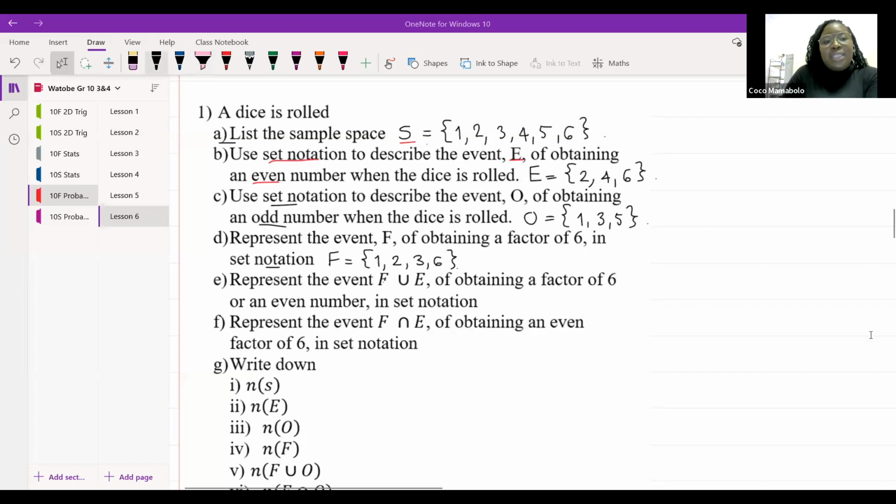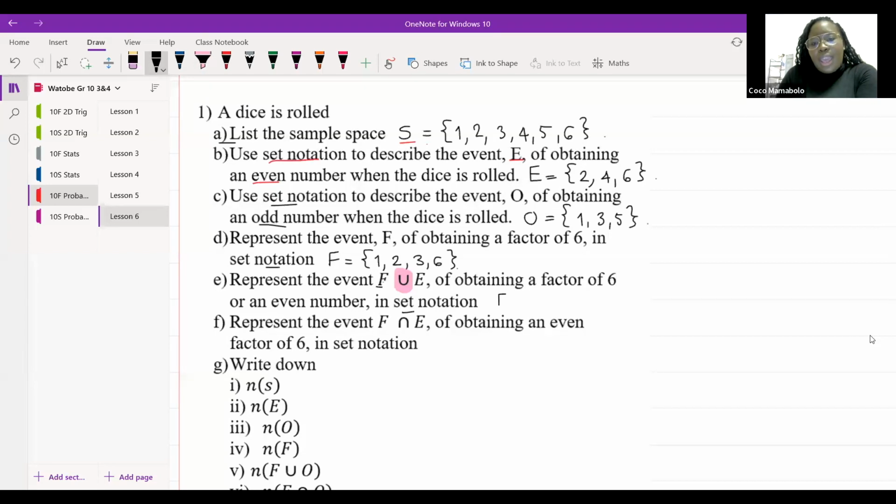Now it says represent the event F. What does this funky looking sign over here mean? It's not complement. Union.